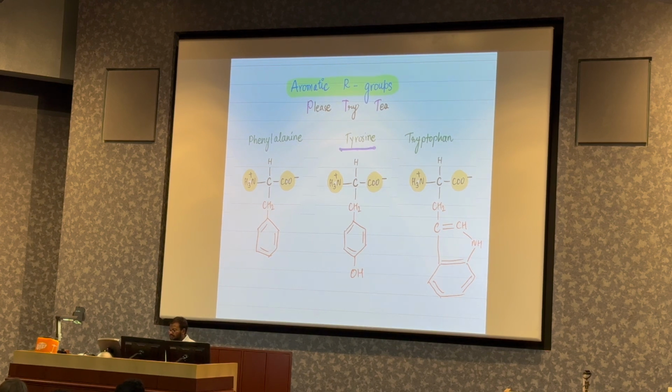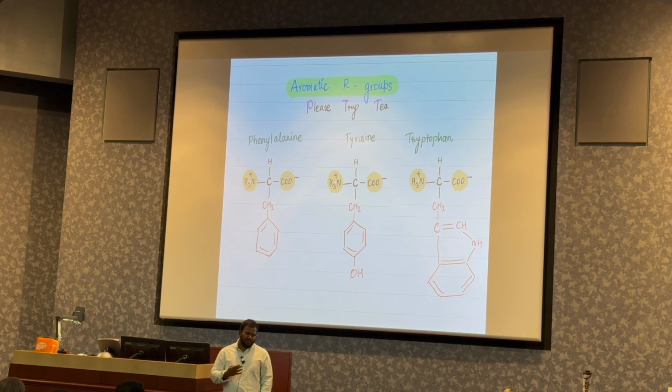Okay. Second part is tyrosine. If you add an OH group in the same part, you have tyrosine. So I say it differently: tyrosine is hydroxylated phenylalanine. Am I correct? Hydroxylated phenylalanine is tyrosine.